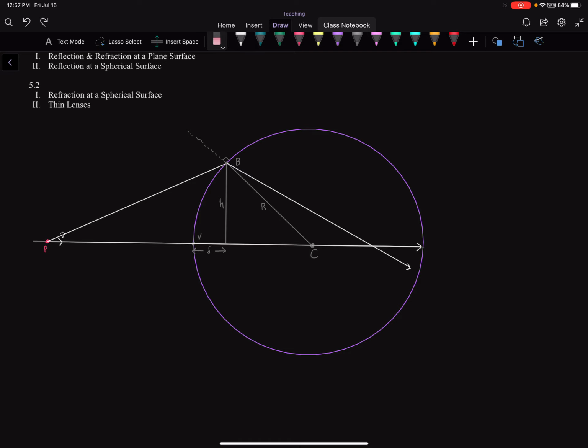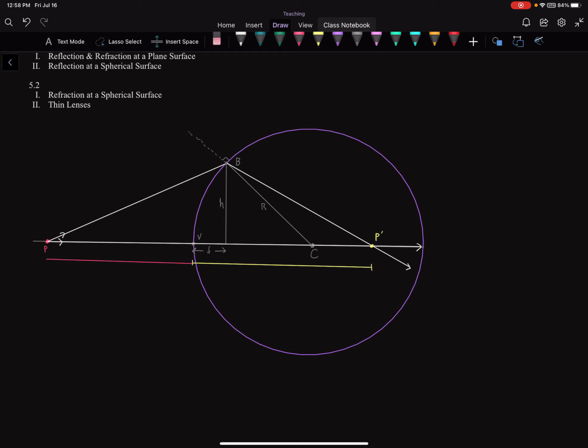And, we're not getting coordinates for P prime. But because we are finding the object and image distance, image distance being this, we kind of do have coordinates for P prime. So that may have been obscured last time because I didn't say that very clearly.